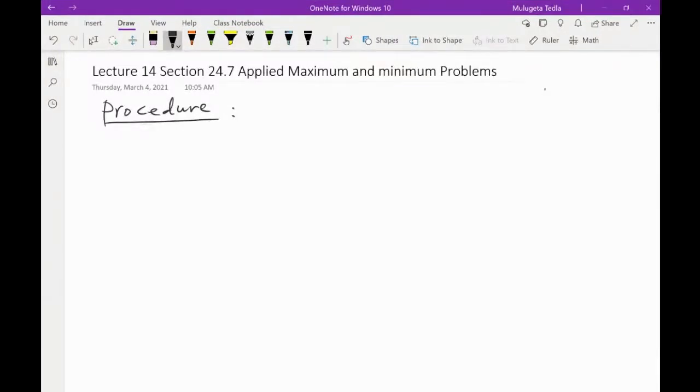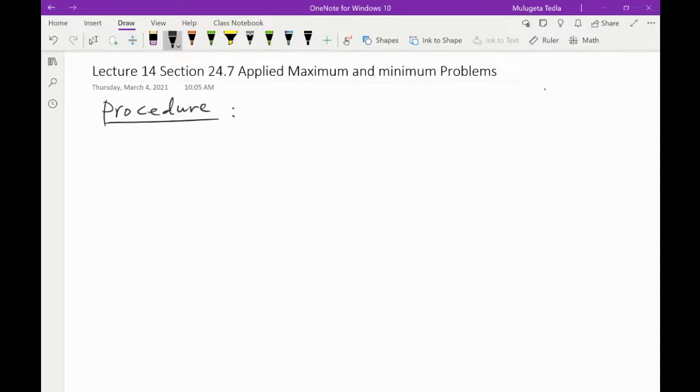So applied maximum and minimum problems. These are the procedure, I could say: first, there is a word problem. Suppose they give you a word problem asking you to find the maximum or the minimum value of a function. It could be profit, it could be voltage, it could be force, it could be anything. They just want to know the optimization problem of that question.